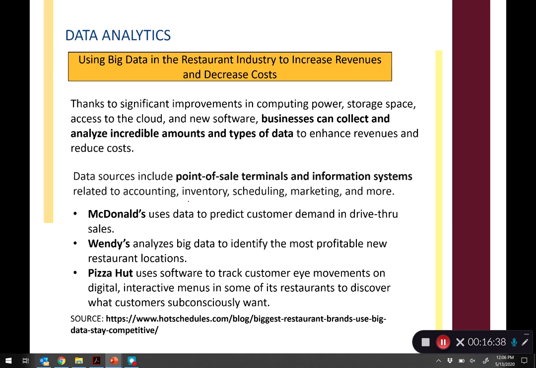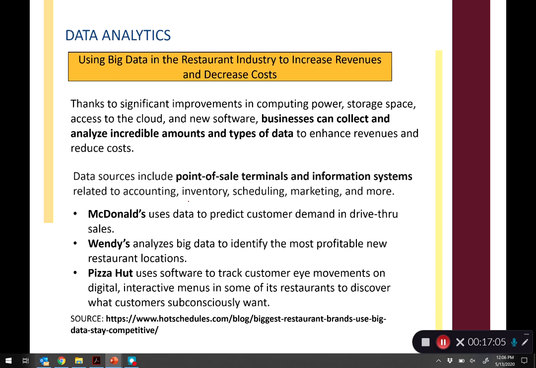So all sorts of information is gathered when somebody makes a purchase, in the point of sale terminals and information systems related to accounting, inventory, scheduling, marketing, and more. When you click on a link on Facebook, all of a sudden your ads are now targeted to things you're interested in. So various companies use big data and data analytics to help improve their overall business.